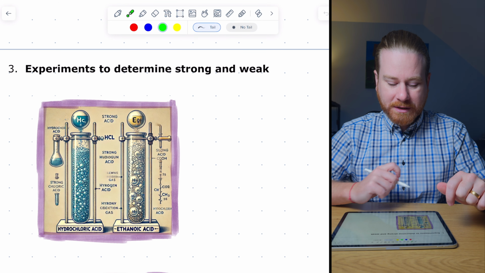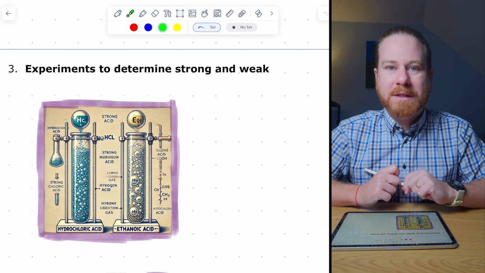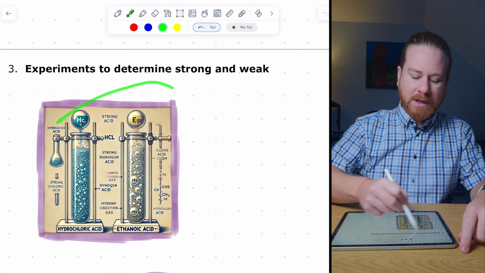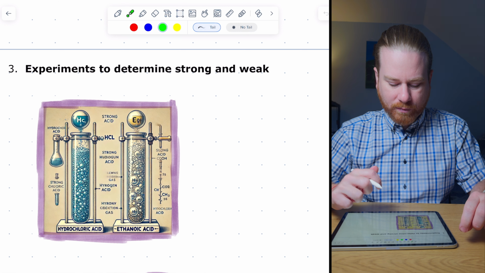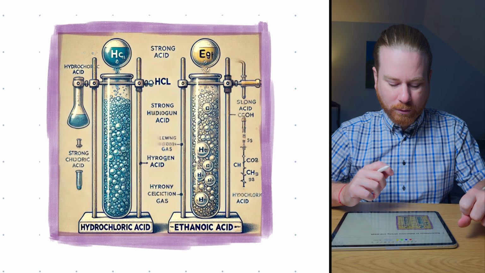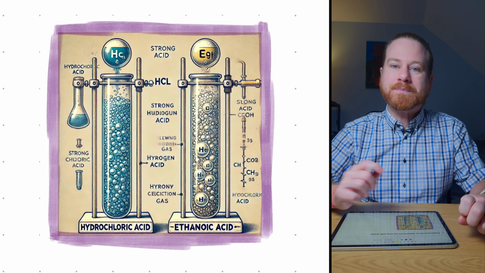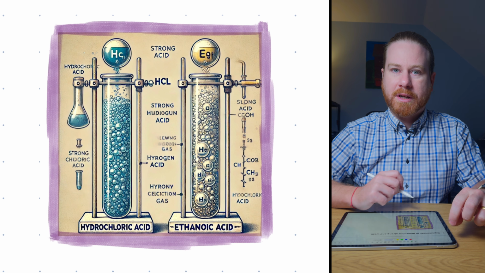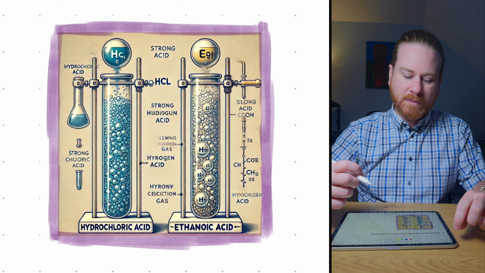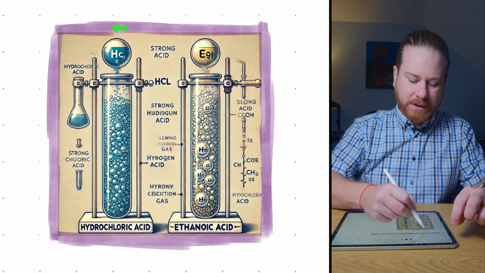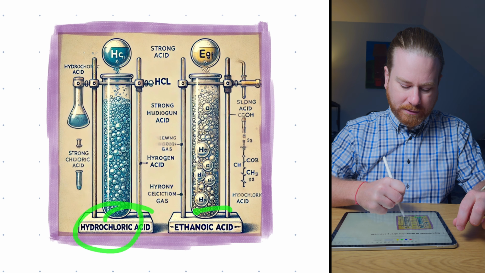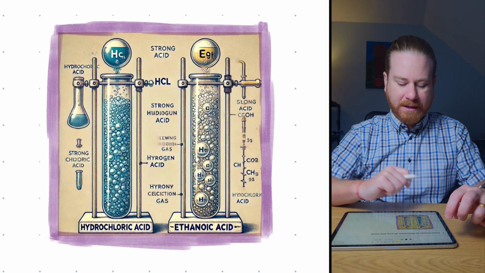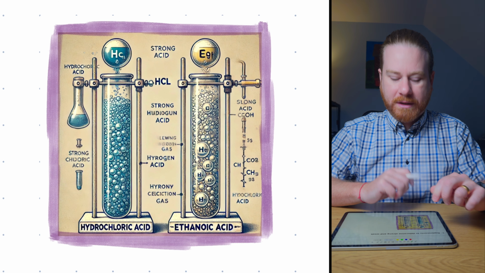So the first thing we can do to determine the difference is a little experiment. And here is a lovely image generated by ChatGPT. I asked it more than one time, but this is the best that it could do. So what we're hopefully seeing here is that we've got a strong acid and a weak acid. So we've got hydrochloric acid and ethanoic acid, and then this is the reaction with a reactive metal.